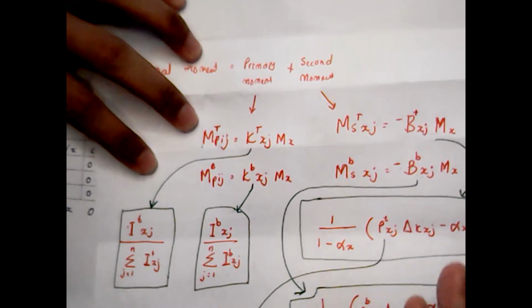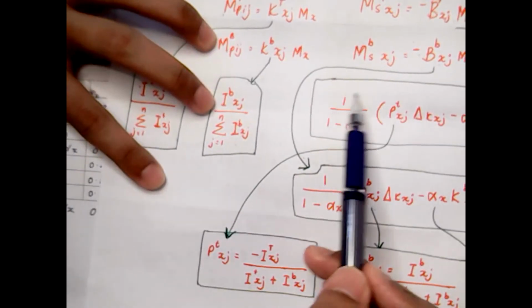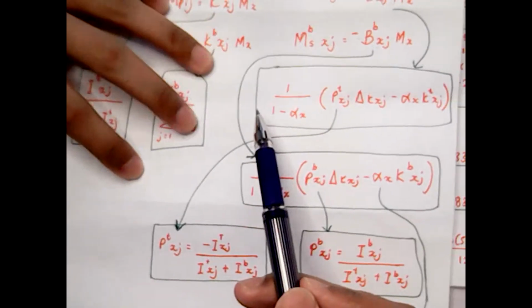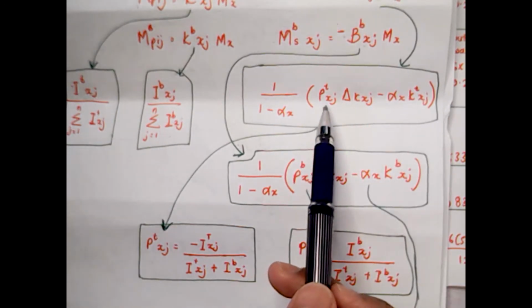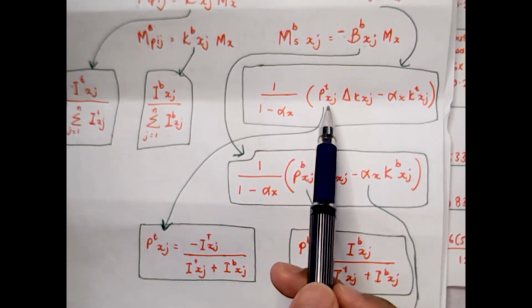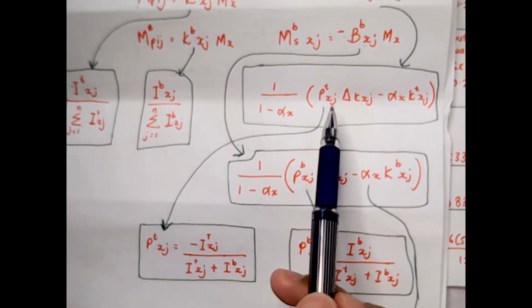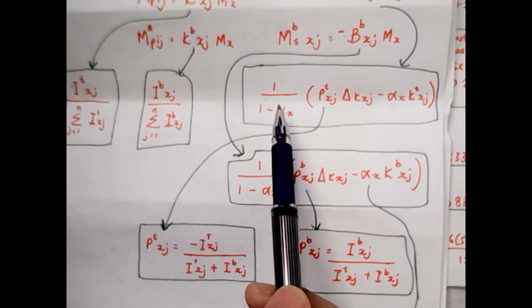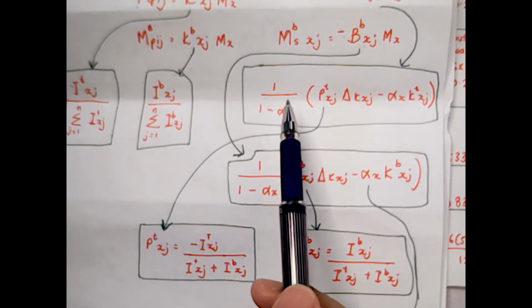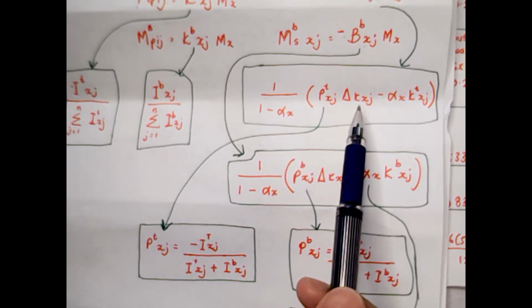For this, here are the equations. With all the parameters that you have recorded in your table, you just substitute into these equations and finally you will get the solutions.